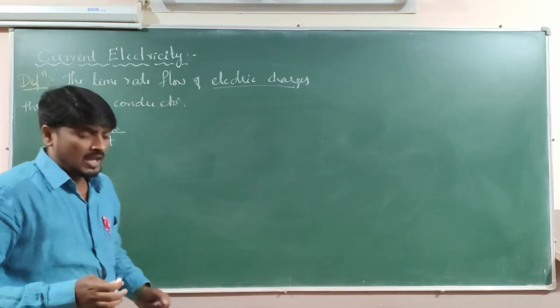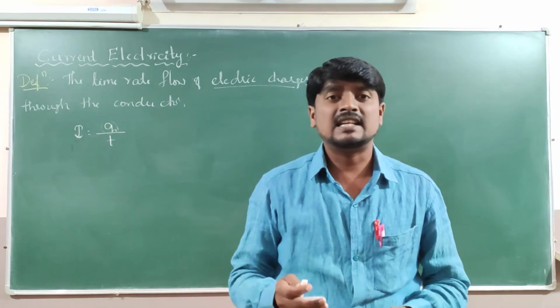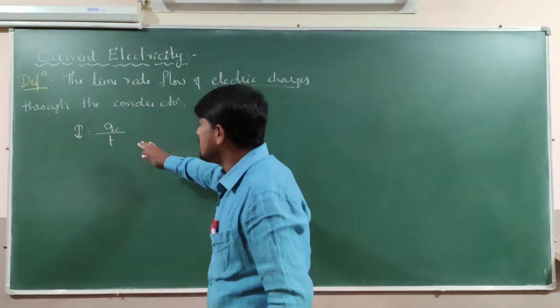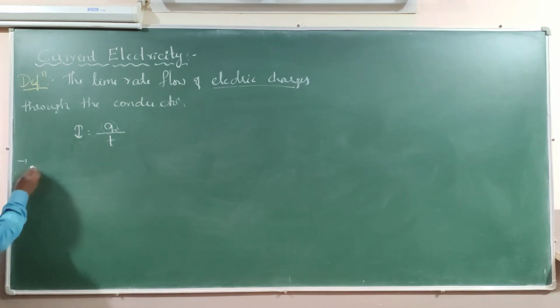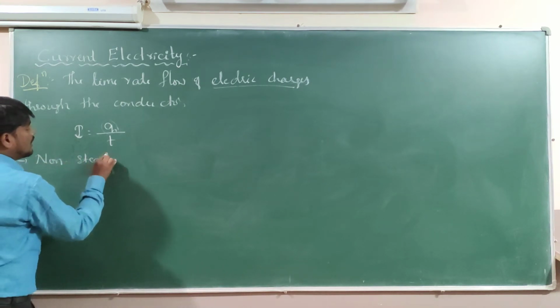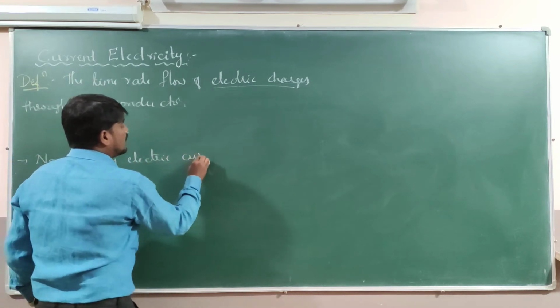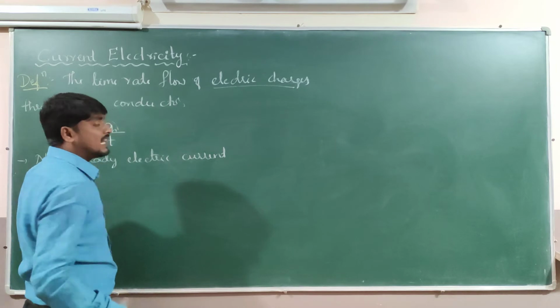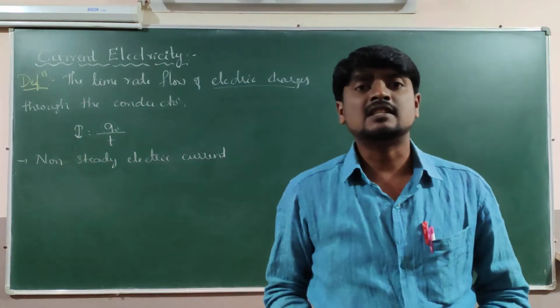As I said here, if the time rate of flow of electric charge through the conductor is steady, this equation holds good. If it is not steady, then for non-steady electric current, how do we measure the electric current at any given instant of time?